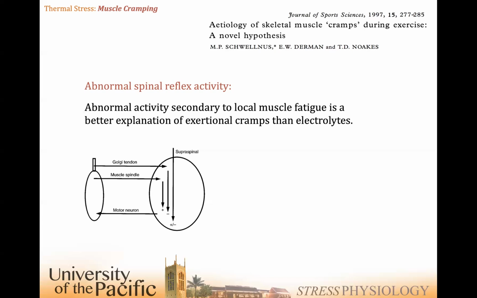It enters the dorsal root at the back of the spine and hits an interneuron, which then activates what's called a gamma motor nerve, a little tiny motor nerve, as opposed to an alpha motor nerve. Those are the big, meaty ones.